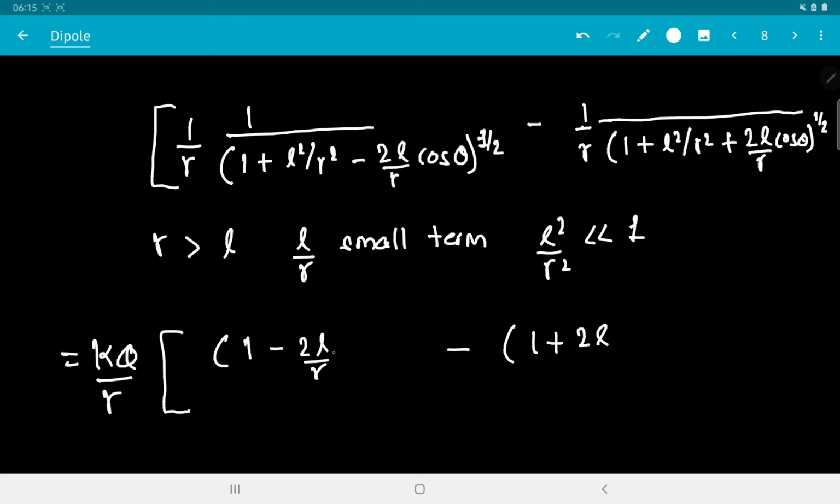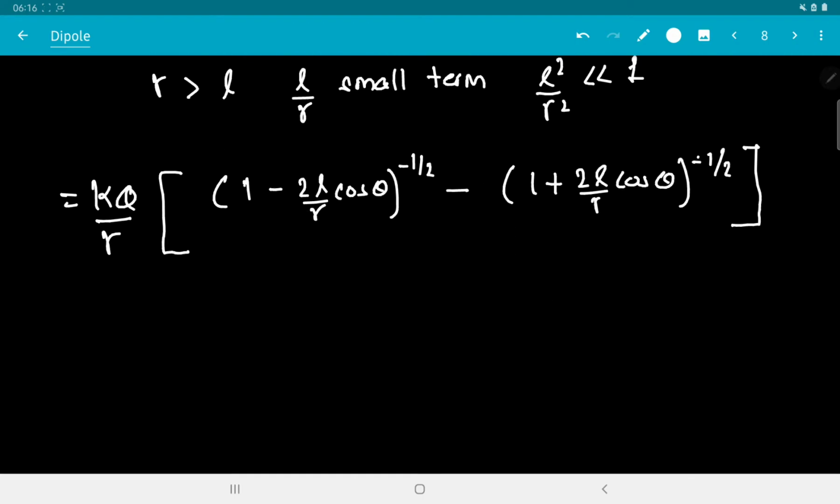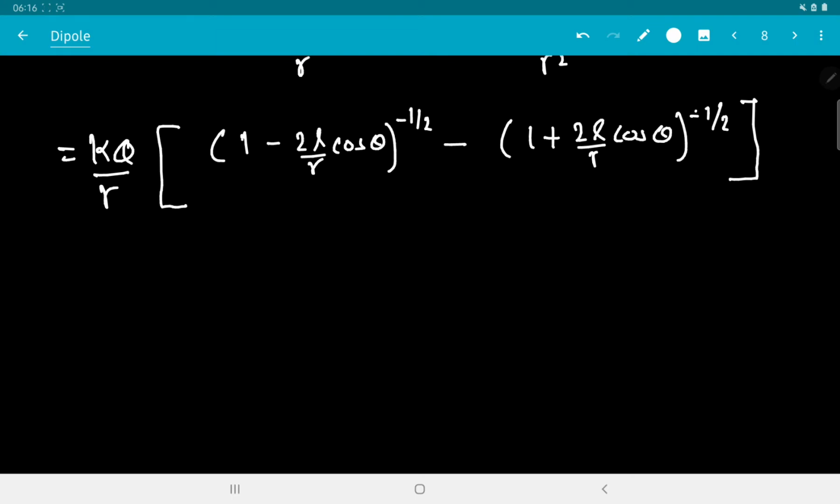Here I have not written cos theta, cos theta will be there. We will apply the binomial expansion here and we'll consider only the first term. If we apply the binomial expansion and consider only the first term, this negative will now be positive.